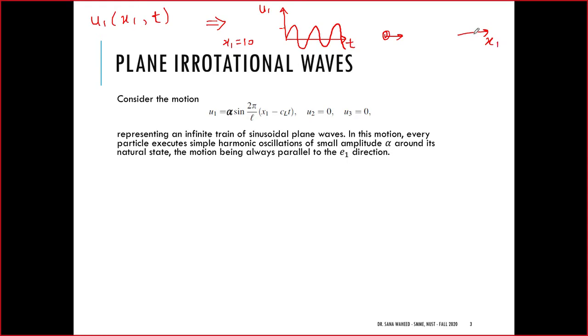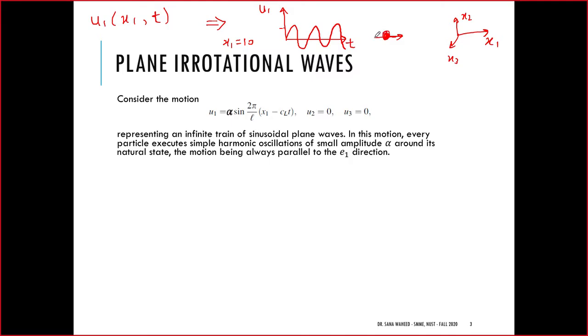This is the x1 direction, the other x2 direction perhaps, and then the x3 direction, etc. So this particle is oscillating in this u1 direction like so, back and forth, that's all it's doing. So to and fro harmonic oscillations. Perfect. So the particle itself is oscillating about its position.